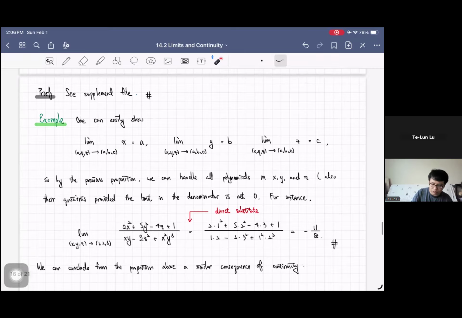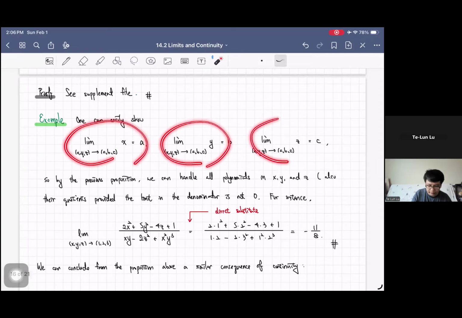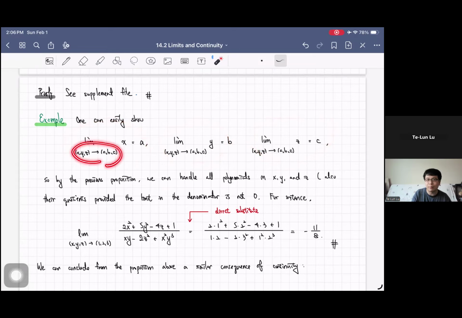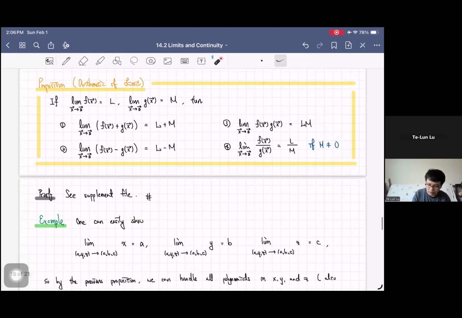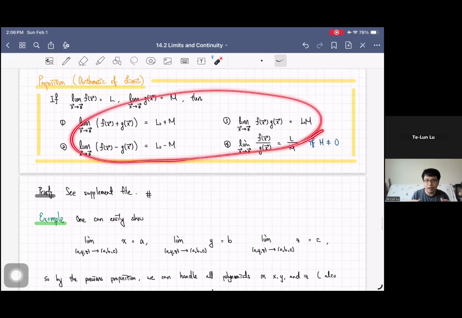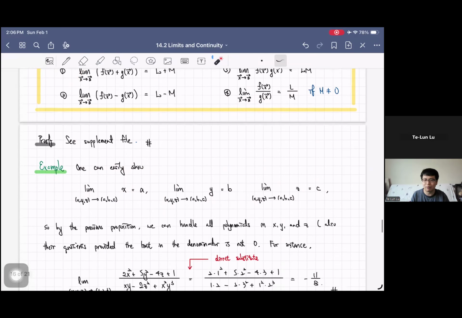It is very simple to show these three when x, y, z approach some point a, b, c: x approaches a, y approaches b, and z approaches c. I would very much encourage you to try to show this by the definition of limit, the epsilon delta thing. It is very simple, and it might help you have a better understanding of why that definition works.